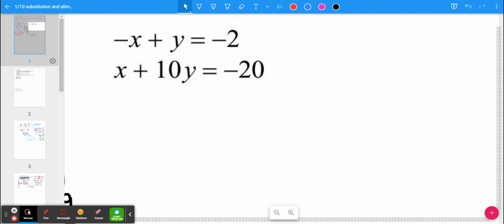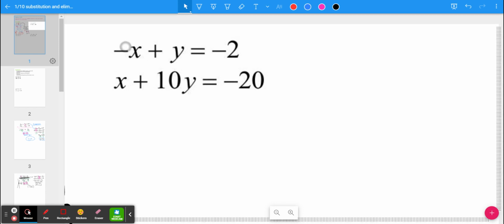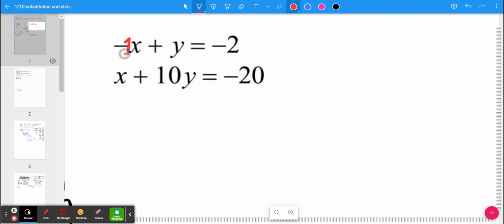Here's another example where we would use the elimination method. Just remember that these have invisible ones right here. So I see that I have two of the same term, except one is negative and one is positive. So those would be opposite terms, and I can just eliminate them.